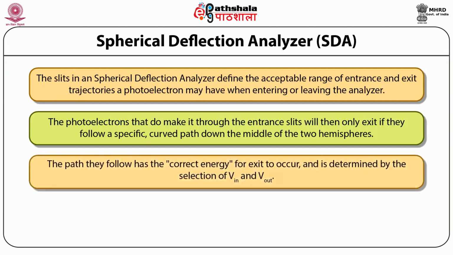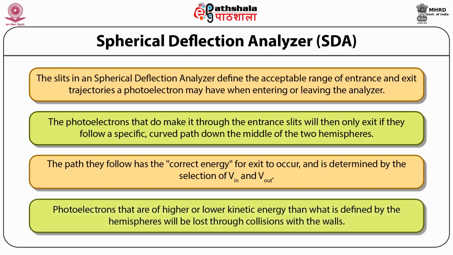The path they follow has the correct energy for an exit to occur and is determined by the selection of V in and V out. Photoelectrons of higher or lower kinetic energy than what is defined by the hemisphere will be lost through collision with the walls.